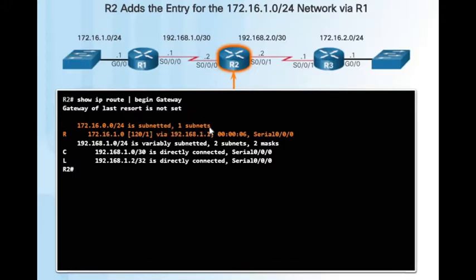But this time it also added the network address with the subnet mask value. This is also known as the child route. The parent route is the 172.16.0.0. This one right here is also known as the child route. It also includes the exit interface.